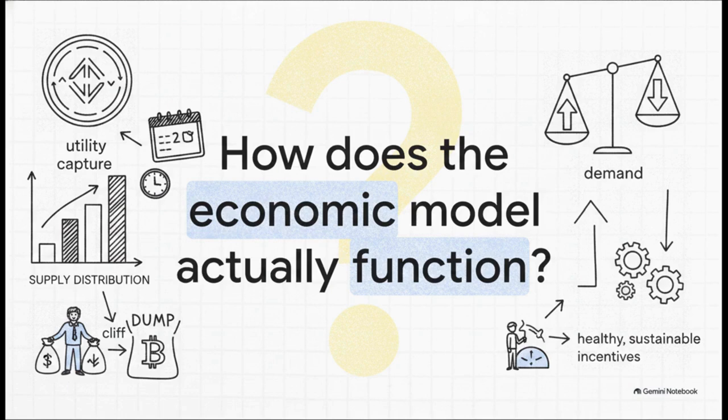Does the token have real utility, or is it just some governance token with zero real value capture? How is the supply being distributed? Look, if the founders and early VC investors hold 80% of the tokens and they're nearing their vesting cliff, you absolutely need to know that before you jump in. You're looking for healthy, sustainable incentives that drive a natural balance of supply and demand over years, not just days.